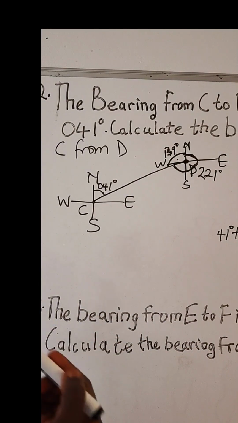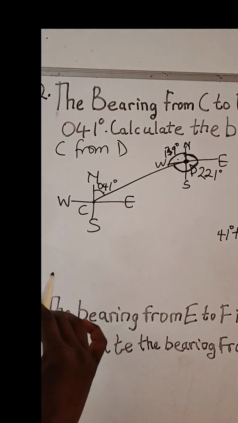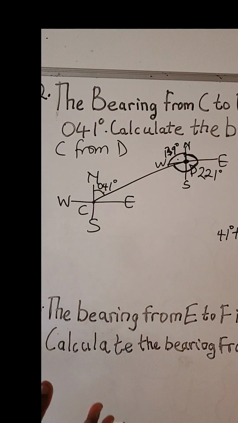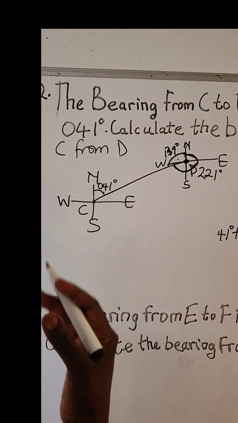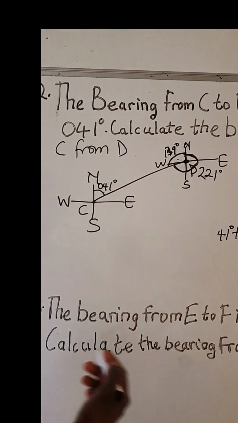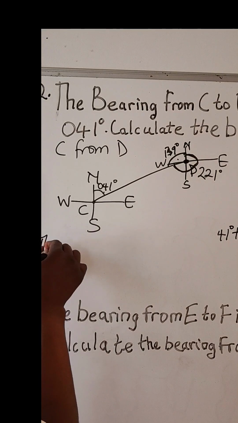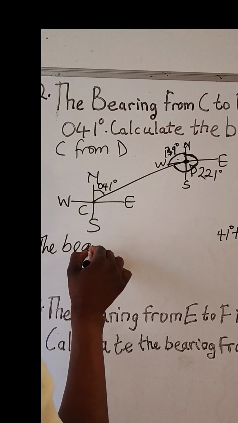So we still arrive at the same answer. Either we use the opposite bearing or we use the co-interior angle C method, whichever, we still arrive at the same answer.